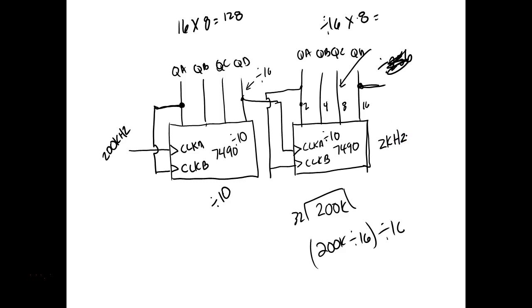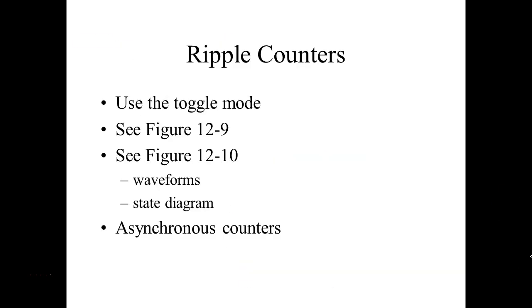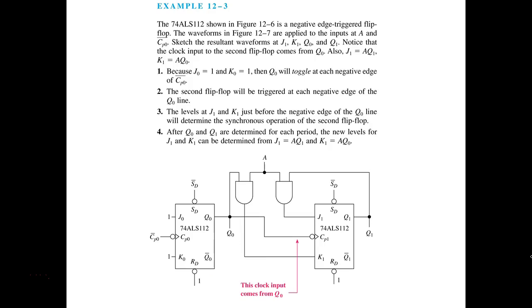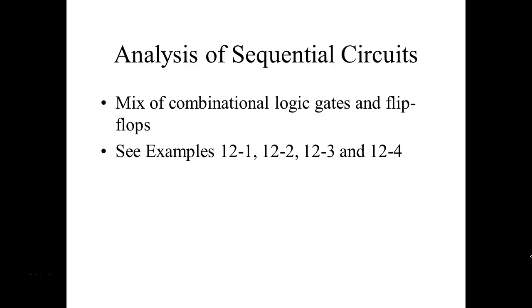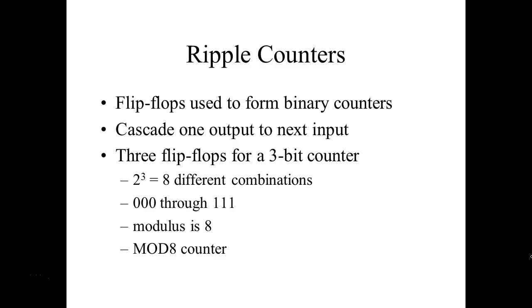So if I took a divide by 10 and fed it into a divide by 6, what would I get? I wish I still had this circuit hooked up, guys. So if I fed a divide by 10 into a divide by 6, that would give me what?